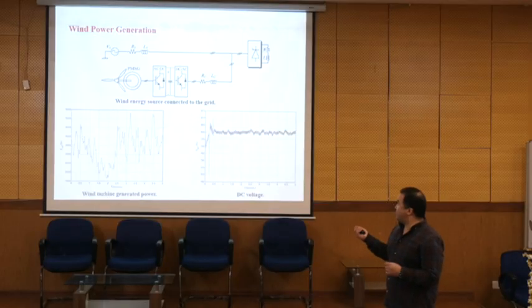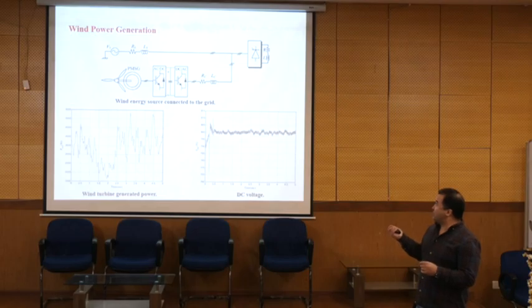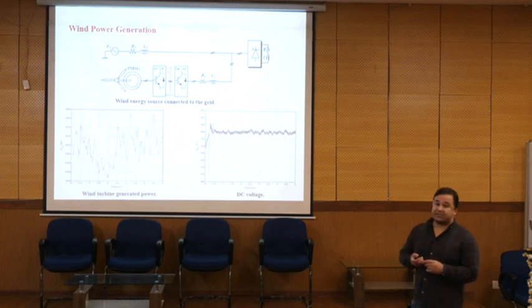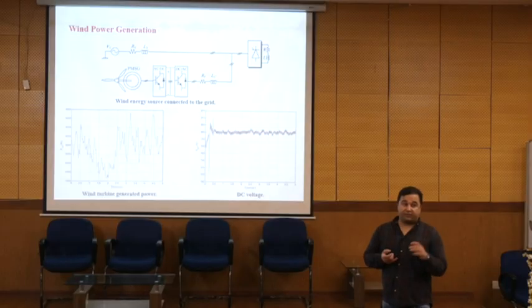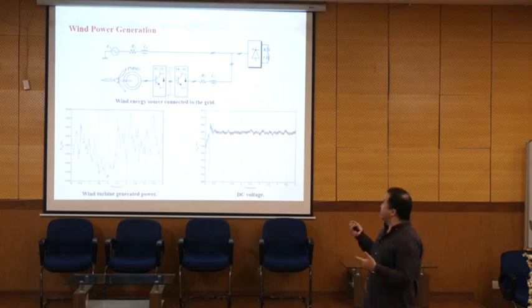So for example, after this part, you see that we have a little bit of fluctuation here, but we use a voltage regulator here. We regulate the voltage to 800 volts, and then by using a DC/AC converter, we convert the DC to AC with 50 hertz frequency and also match the voltage of the grid.